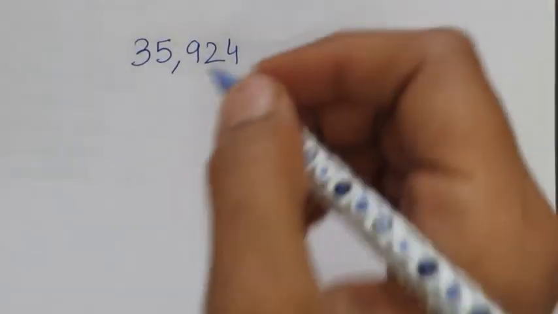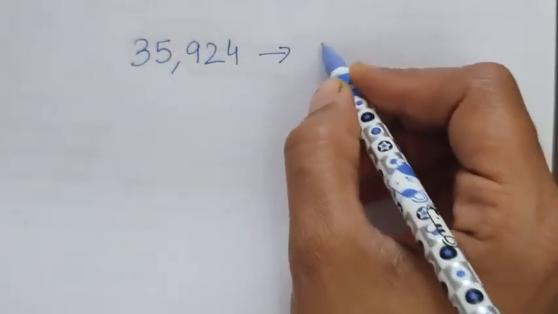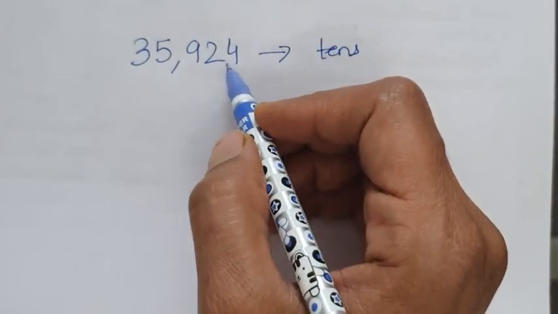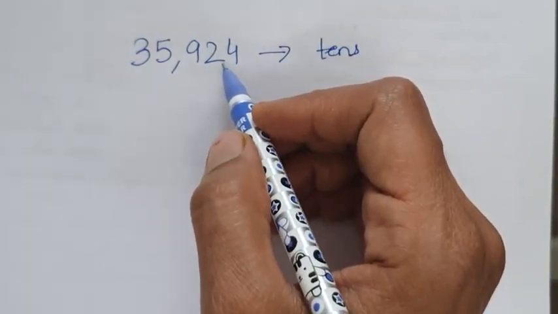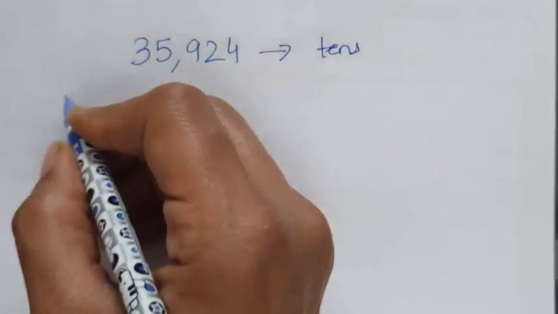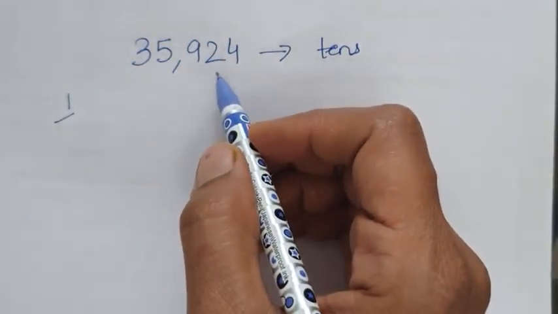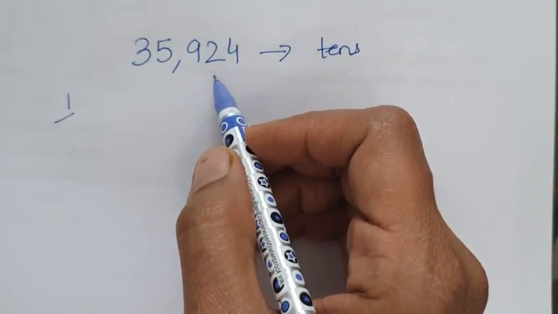So let us start with our topic. First number is 35,924 and let us do the rounding off to the nearest tens. Children, listen to the steps very carefully. The first step is to underline the digit which you have to round off.